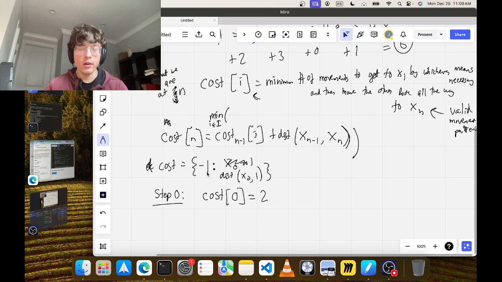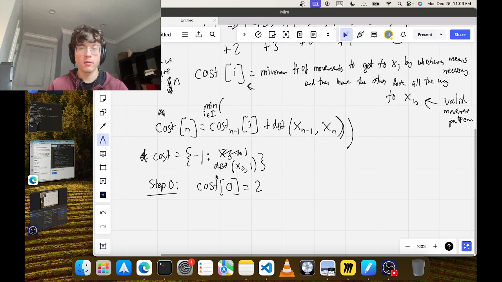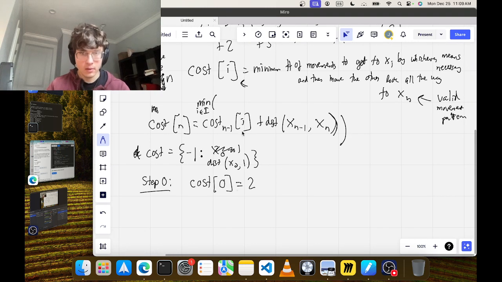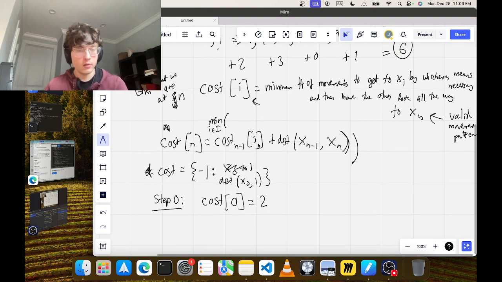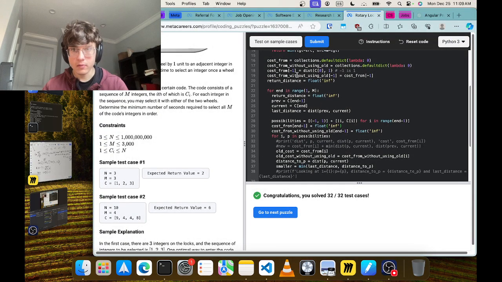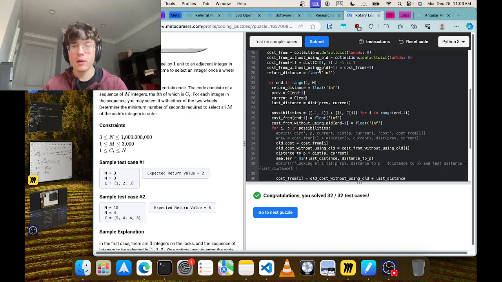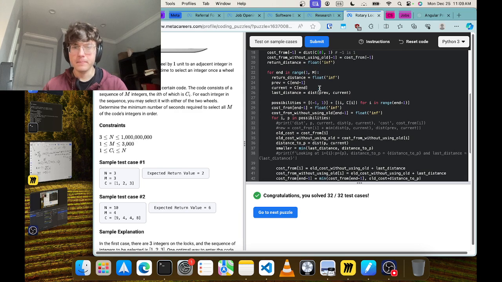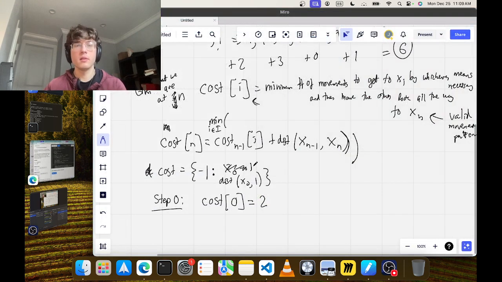We only have one i. This is this -1, which is the locks' state in the beginning, where they're both set to 1. So the cost of 0 is equal to the cost. I think I did set this. You see that? This is C0 minus 1.